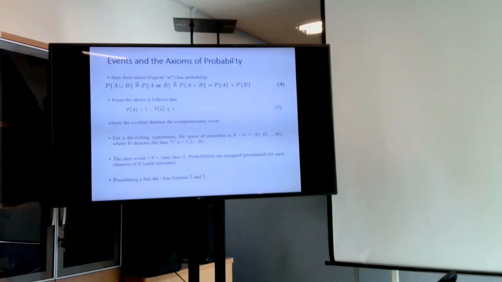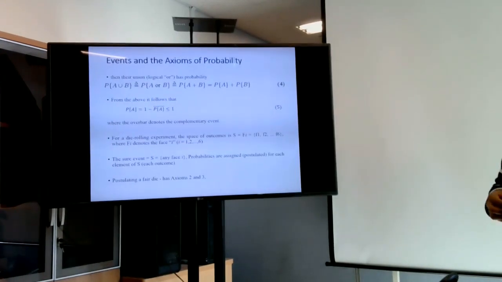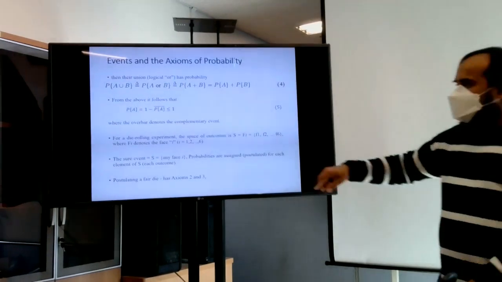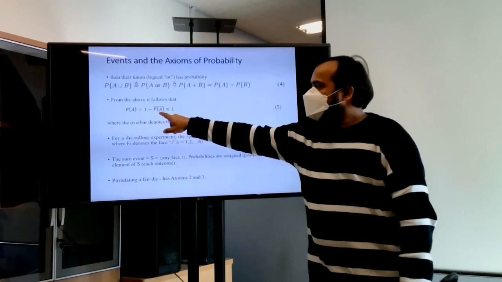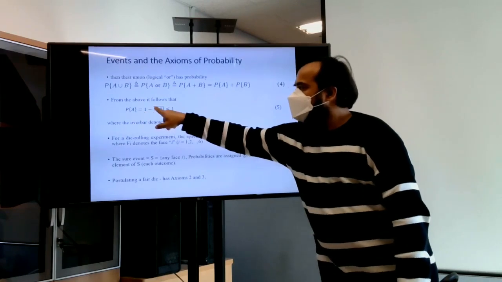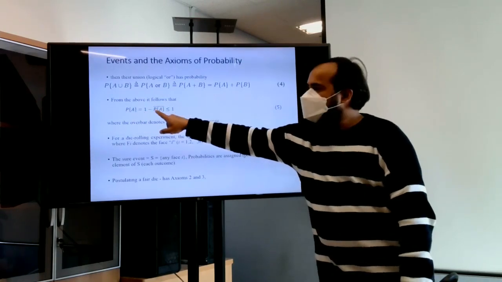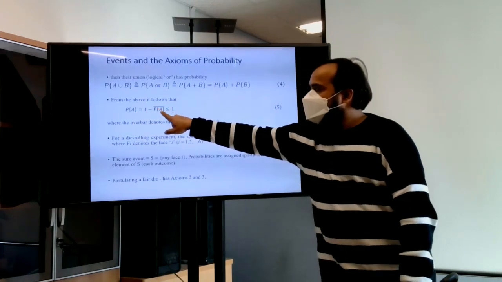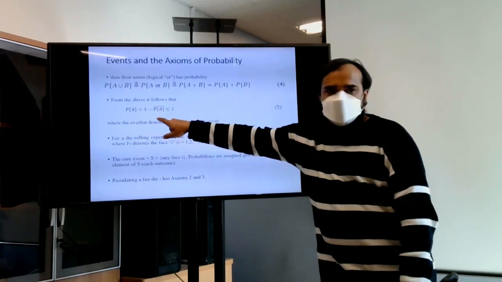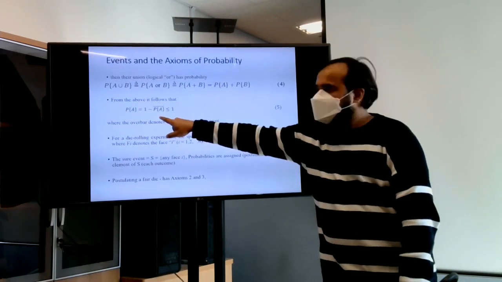And from above it follows that the probability of A equals 1 minus the probability of A bar. What is A bar? A bar means A does not occur, or A does not belong to this set.